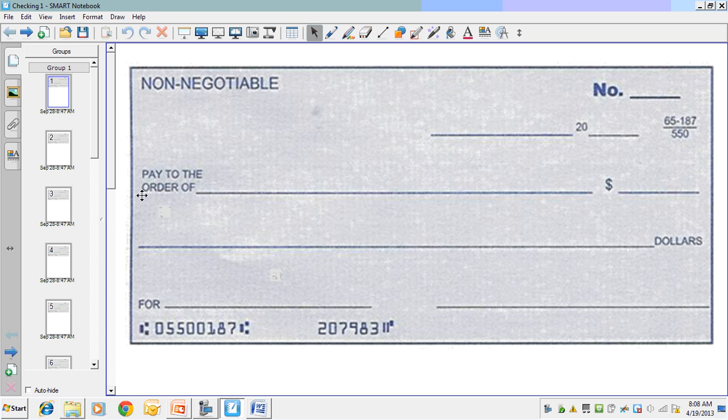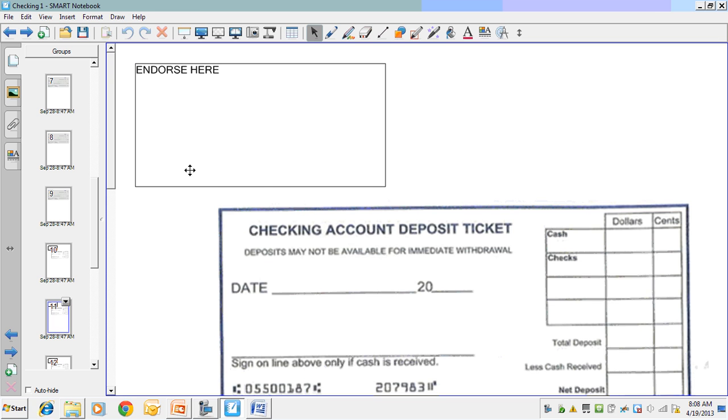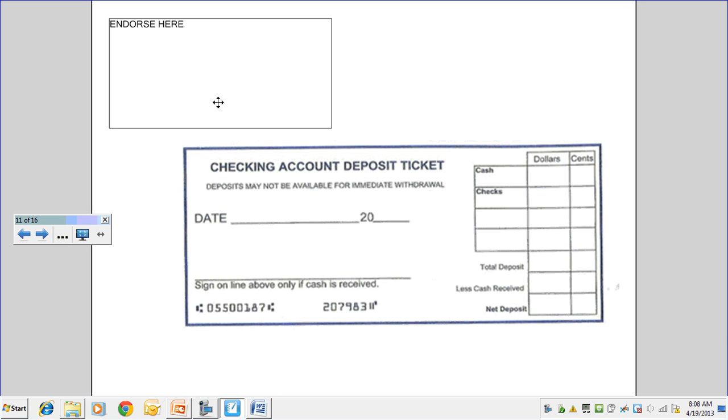It says, June 1st, you open your checking account with your first paycheck. So we're making a deposit. So the very first thing we want to do is find a deposit slip on our sheet. So here's a deposit slip. It says that the check represents your biweekly paycheck that you receive from your job at a local store.